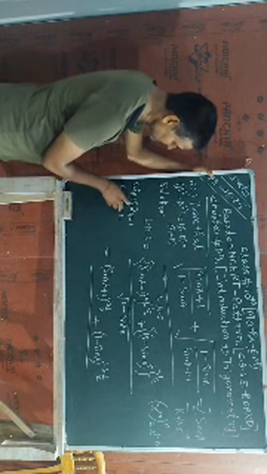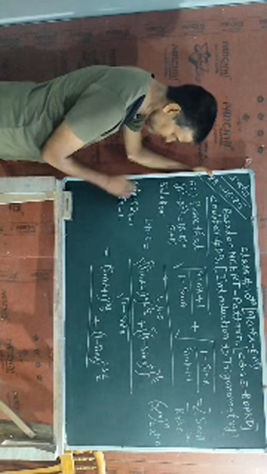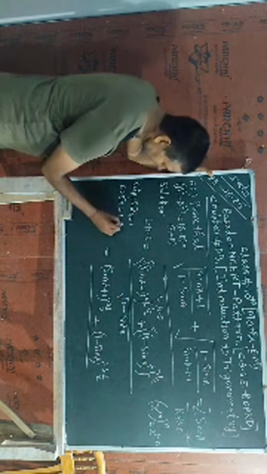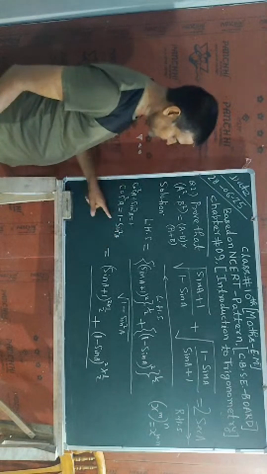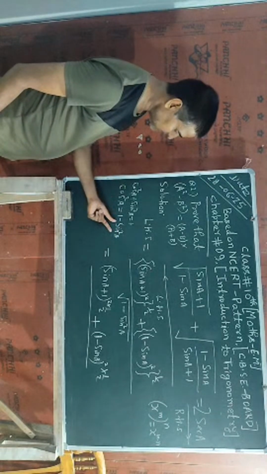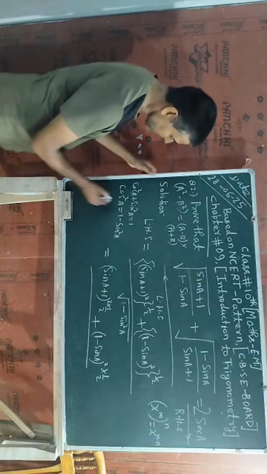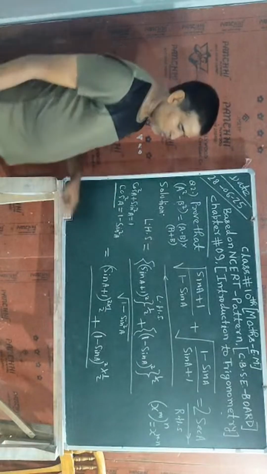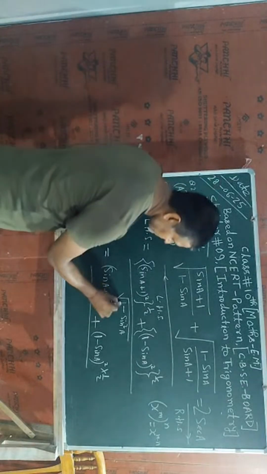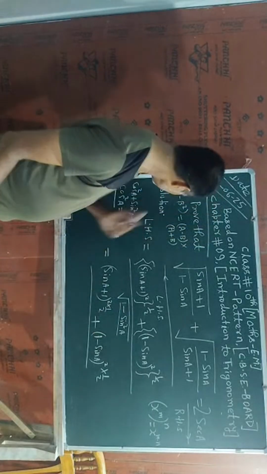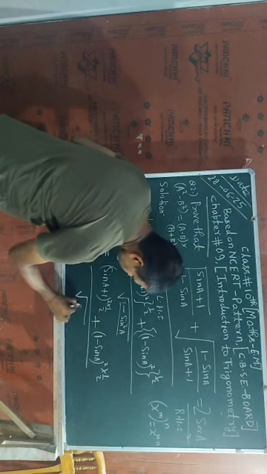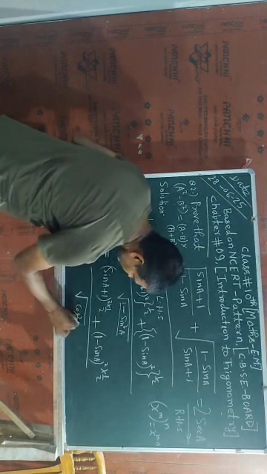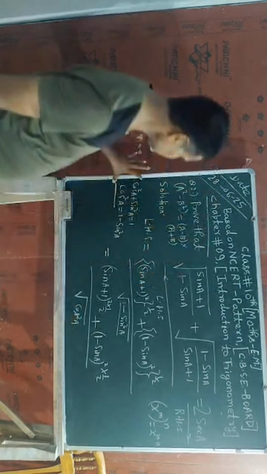It has a plus sign on the left hand side, but when it goes to the right hand side its sign will change. So I can write 1 minus sin square A. In the place of 1 minus sin square A, I can put cos square A. Now here I am going to write cos square A with the help of this identity.